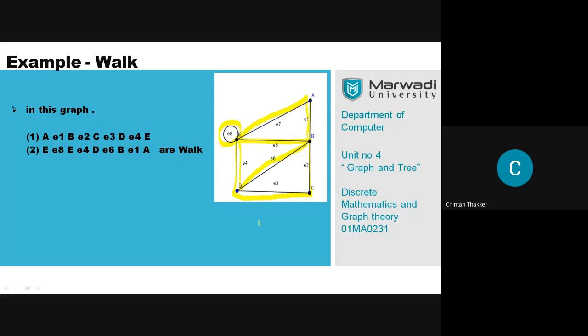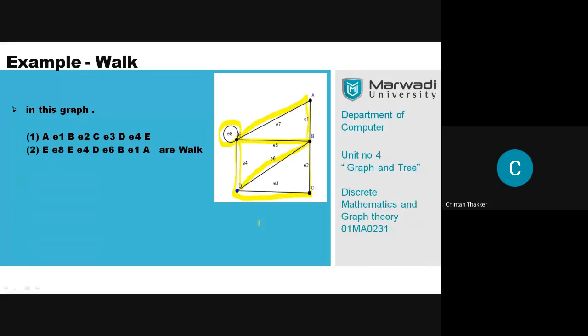In a trail, you cannot repeat the edges. In some books of graph theory, they define three terms: walk, trail, and path. In our reference book, we have just two terms, walk and path. So here in a walk, we consider that we are not repeating the edges.